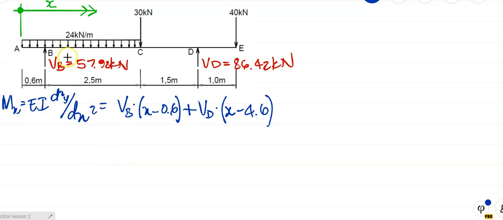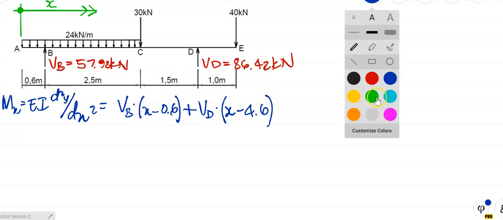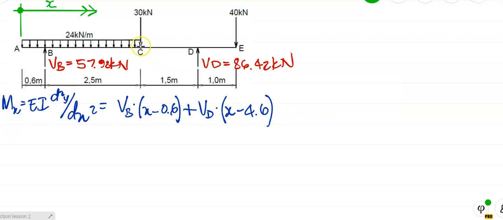A UDL that starts in the beam can start anywhere in the beam, but for Macaulay's method to work, the UDL must go to the end of the beam. And I'm going to make it go to the end of the beam by doing this.